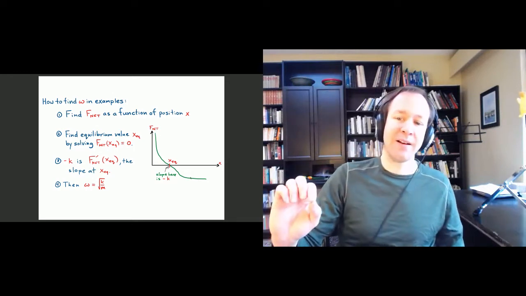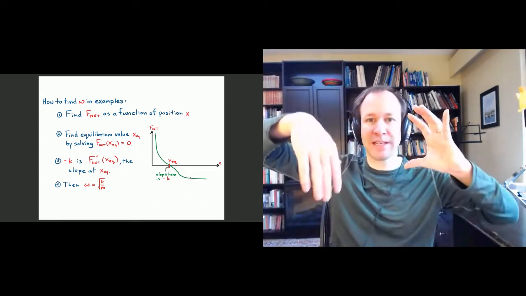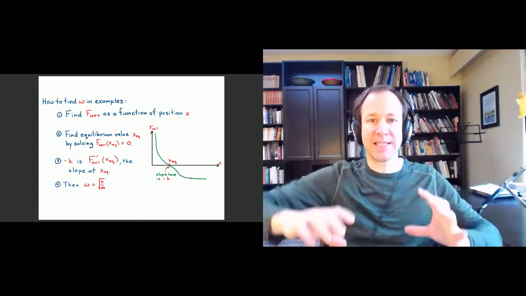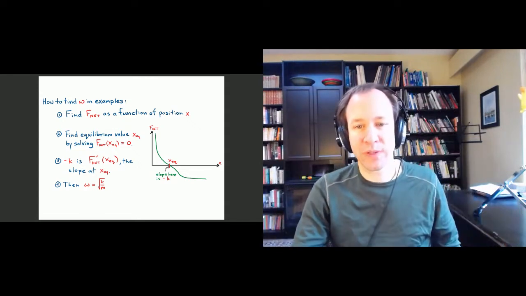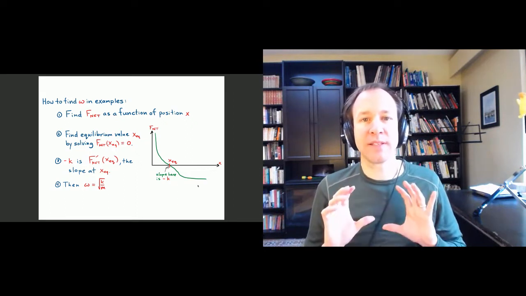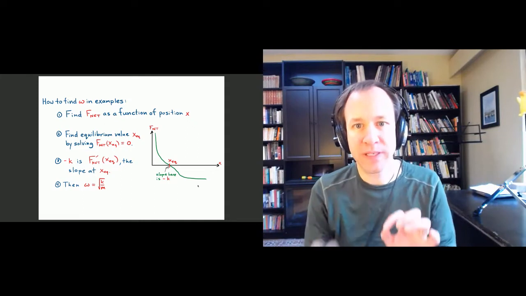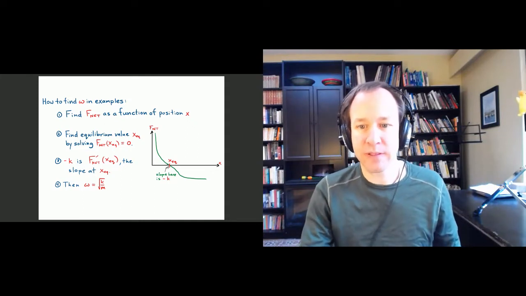If you have a positive displacement, so if you displace it up, then you should get a downward force. If you displace it down, you should get an upward force. That's what this graph is showing. If we want to think about the equilibrium position, that will be determined by the place where the net force is 0. So that's this point here.